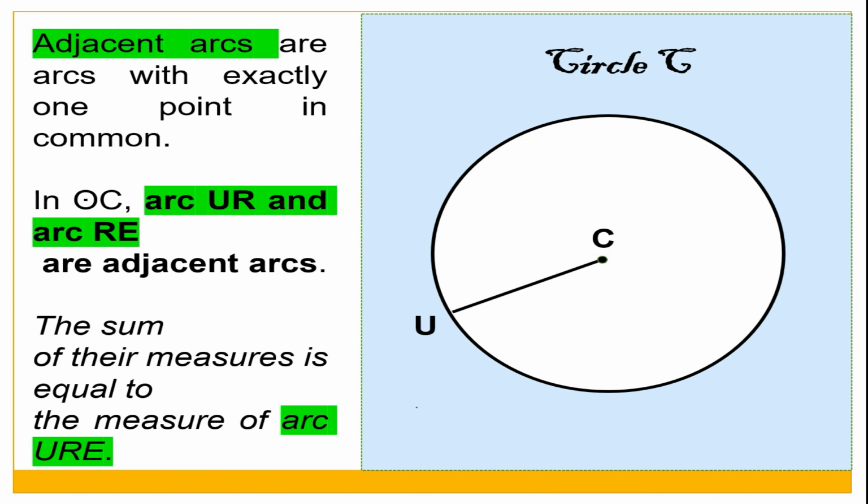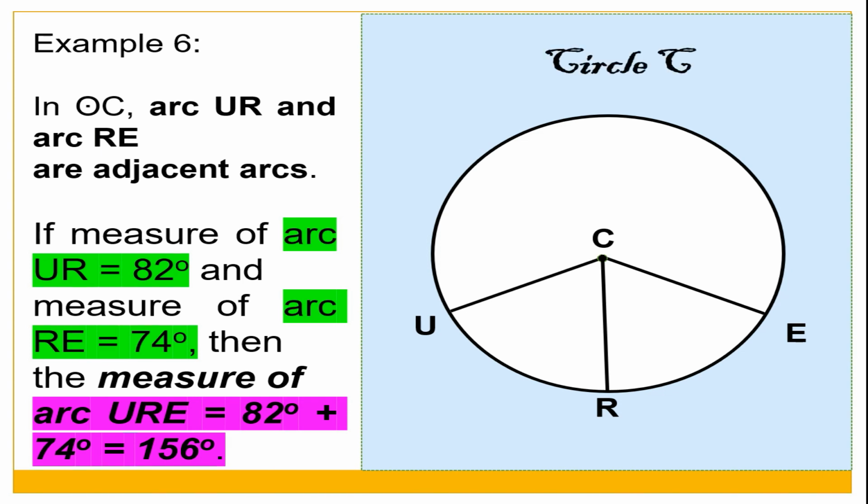We have here circle C, line segment UC, line segment RC, and line segment EC. And the common point is point R. In circle C, arc UR and arc RE are adjacent arcs, and the common point is point R. The sum of their measures is equal to the measure of arc URE.